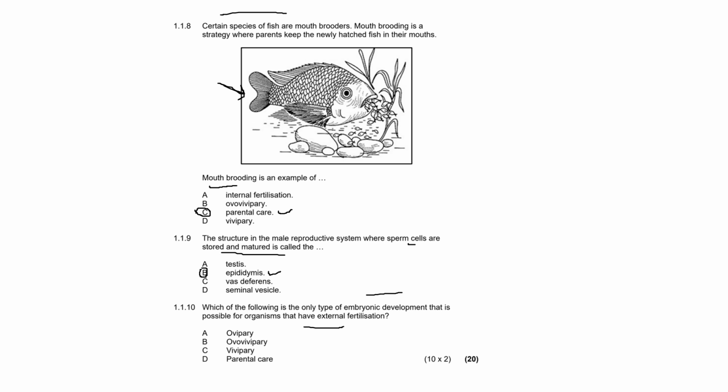The ones having external fertilization are those who rely on putting the offspring outside. It can be parental care. Parental care, remember, is showing care, like the previous example we did. Viviparity would be inside. Ovoviviparity will also be inside. So the one remaining is oviparity. That is the one for external fertilization.